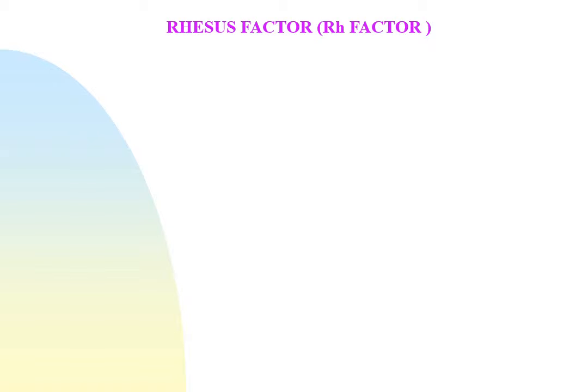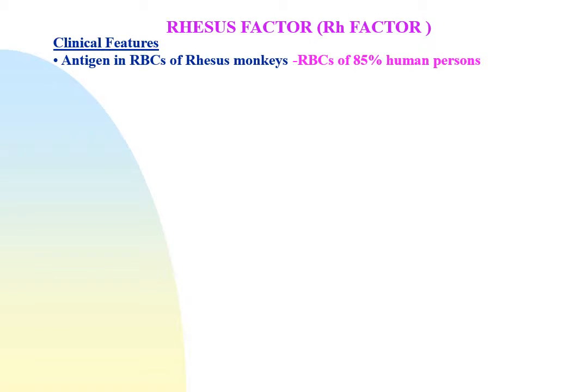Rhesus factor or Rh factor is an antigen which has been discovered in the RBCs of rhesus monkeys. It is also found in the RBCs of human persons in a percentage of 85%. Those persons who possess Rh antigen in their RBCs are called Rh positive individuals.